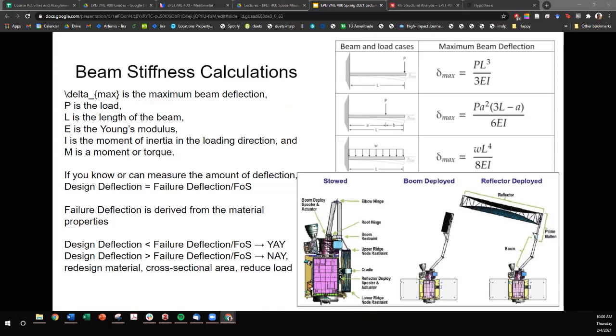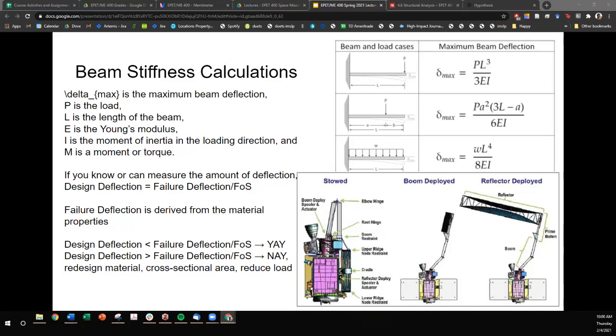This is like measuring the deflection of a beam, a freestanding beam, where that load is the acceleration on that reflector mass. You can figure out the maximum deflection that this boom can withstand by applying this load times the length cubed over 3 times the Young's modulus times the inertia.